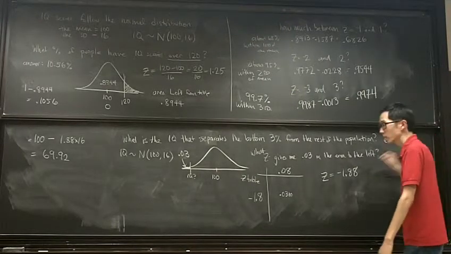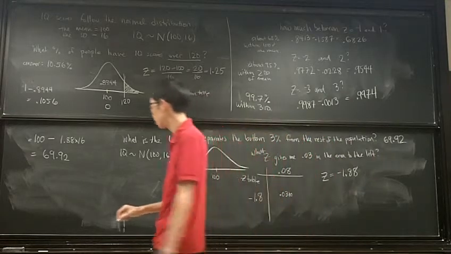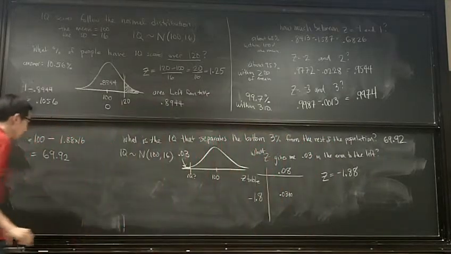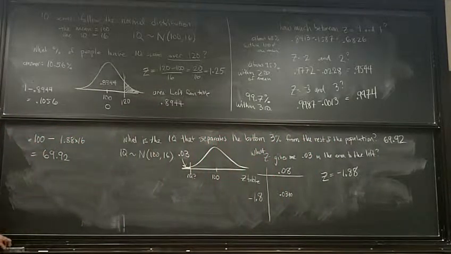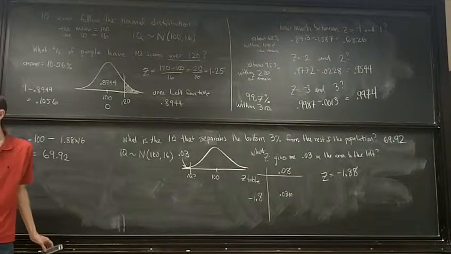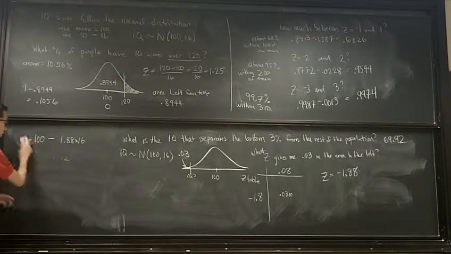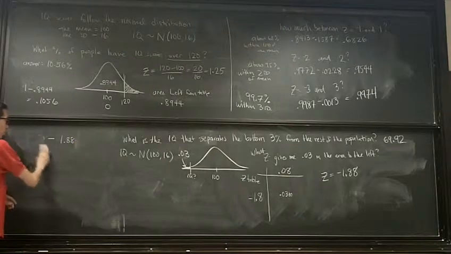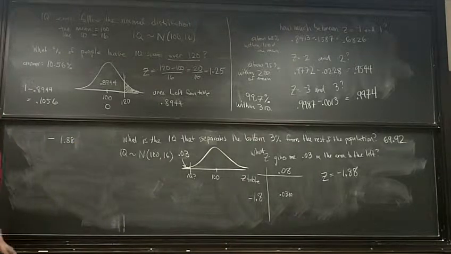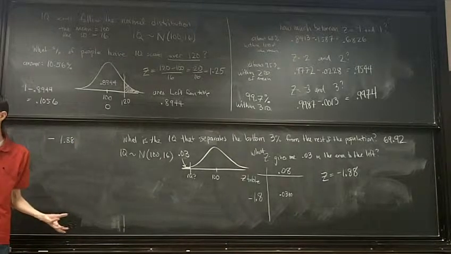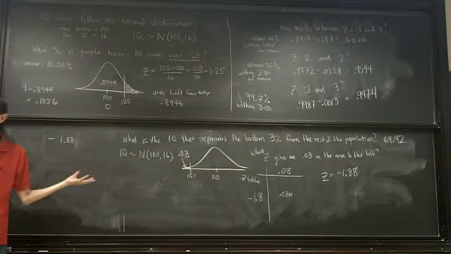How did you multiply the z-score by the standard deviation? Well, what is a z-score? A z-score is how many standard deviations I am below the mean. So a z-score of negative 1.88 says I'm 1.88 standard deviations below the mean. How big is a standard deviation? 16 points.